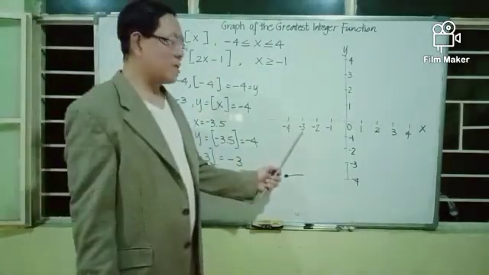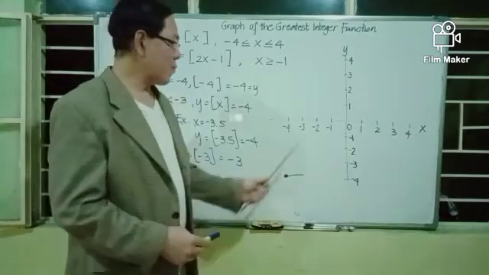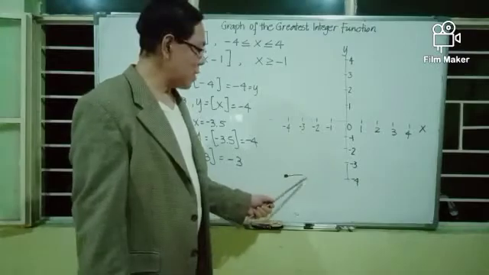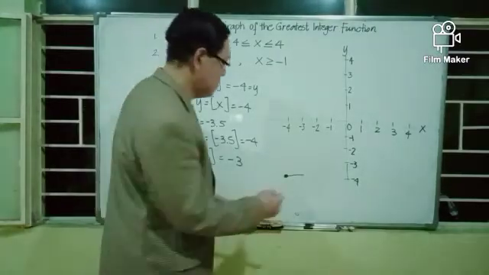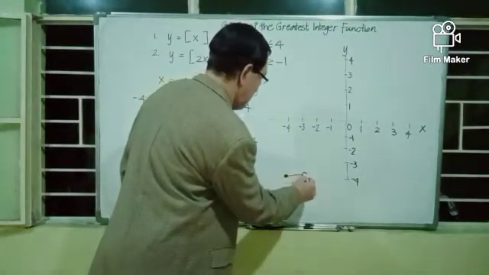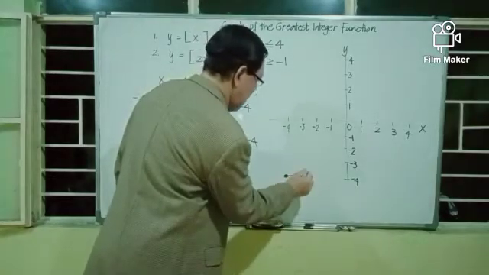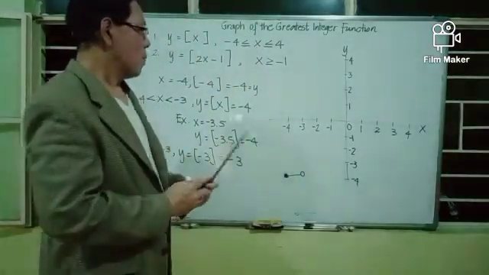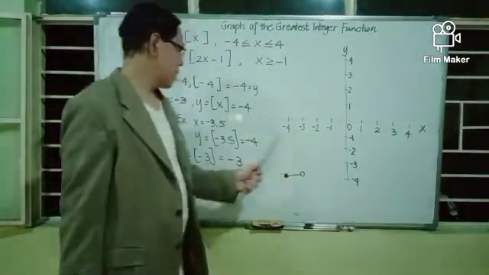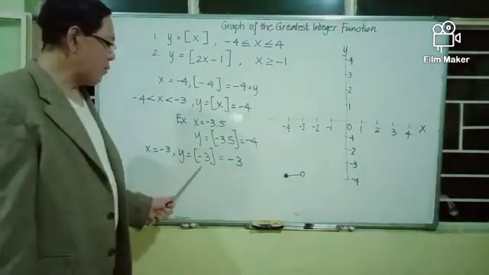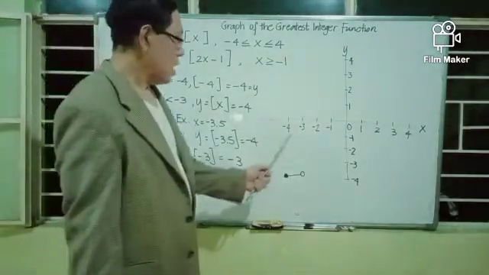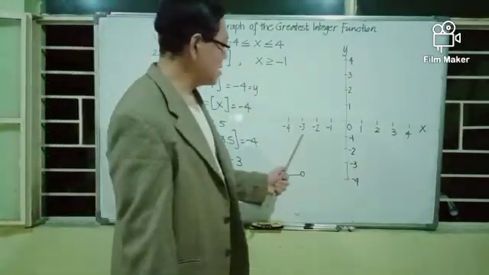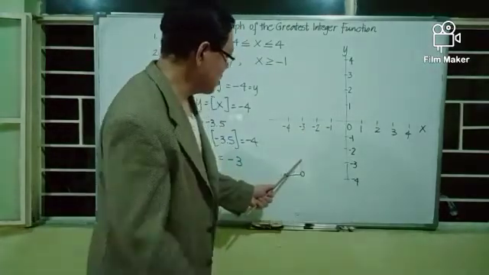So when x equals negative 3, the floor of negative 3 is not negative 4. To indicate that, we write an open circle here. When x is negative 3, the value of y is negative 3. And we plot this point: x is negative 3 and y is negative 3.